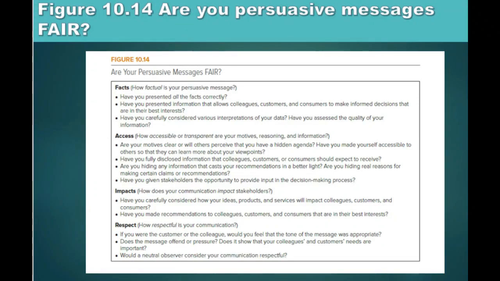These are used to evaluate your communication, whether your communication is being used fairly, not just to yourself but to others. Third, proofreading. Proofreading is rereading your entire document to make sure it is influential and accurate.